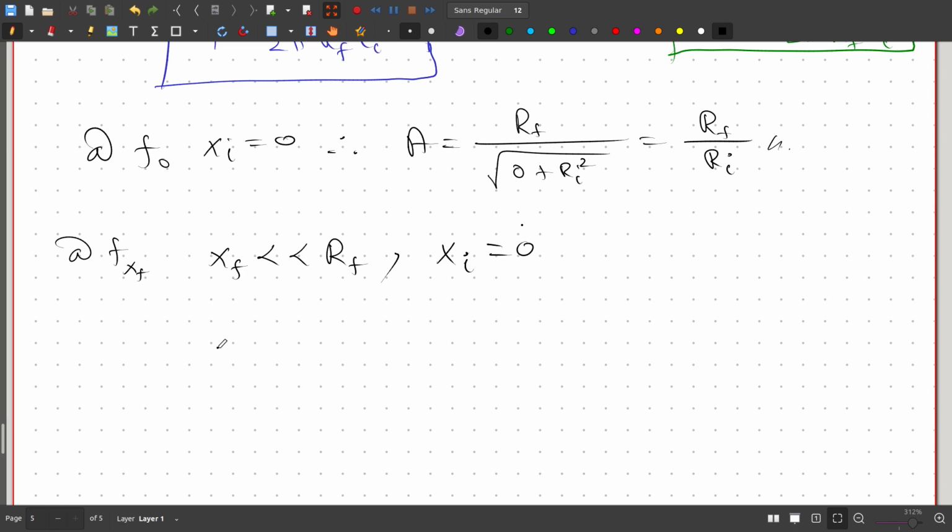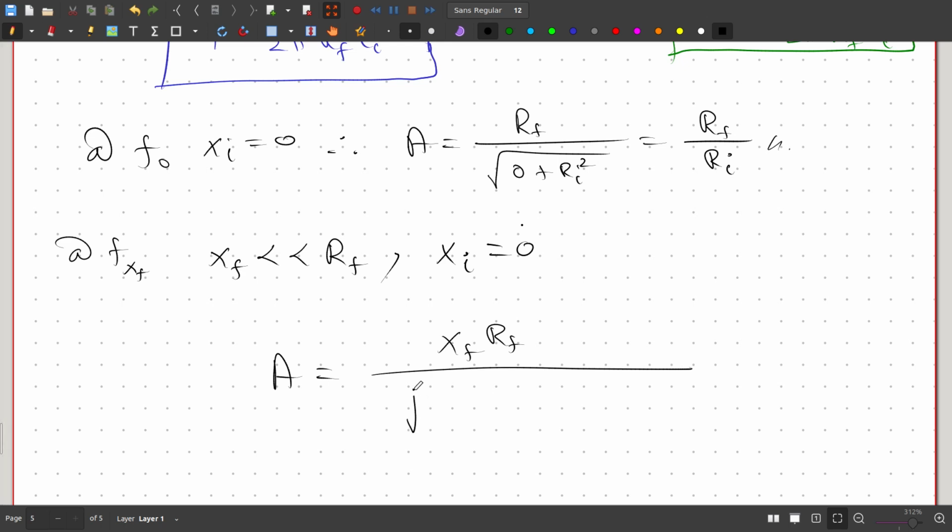Therefore our equation becomes A equals XF RF divided by, instead of taking XF from the root, we take the RF outside, RF outside plus 1, into root of, already Xi equals 0, we have Ri square.